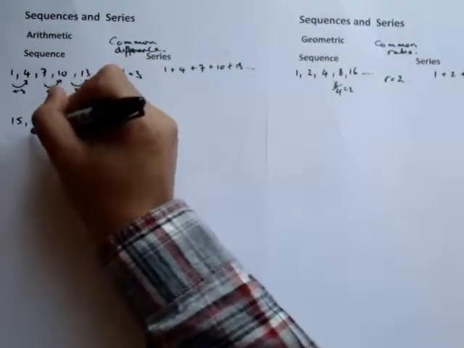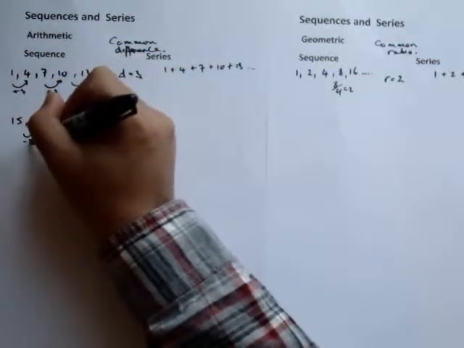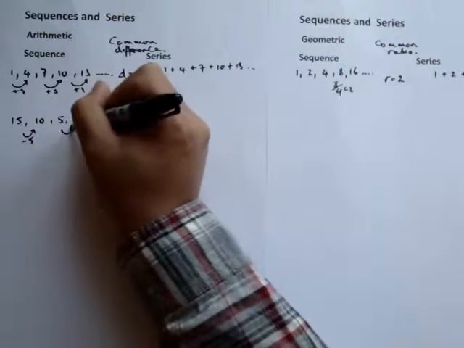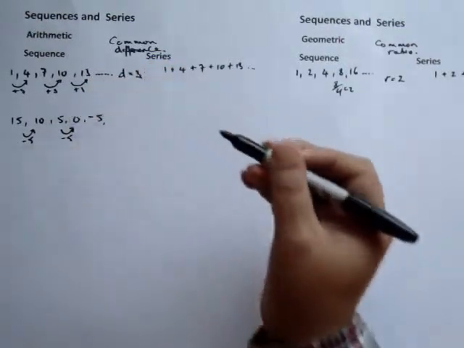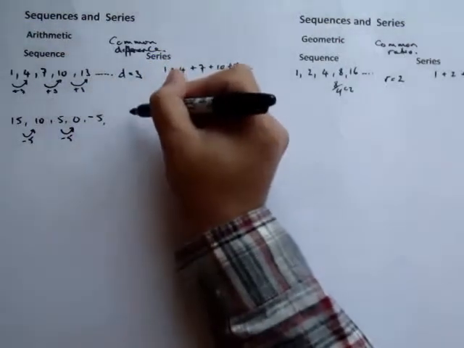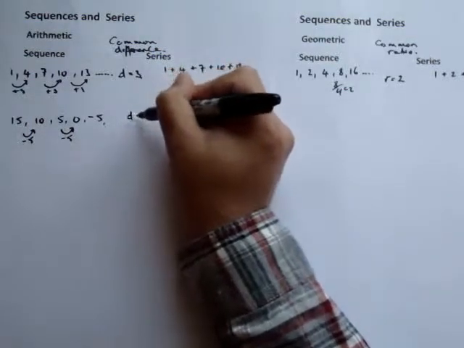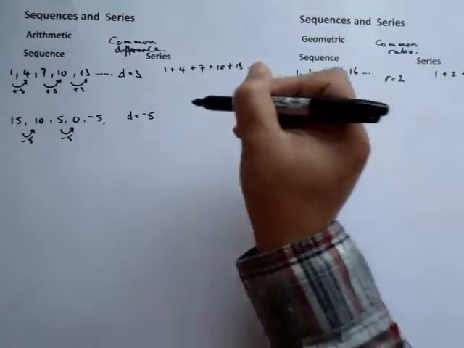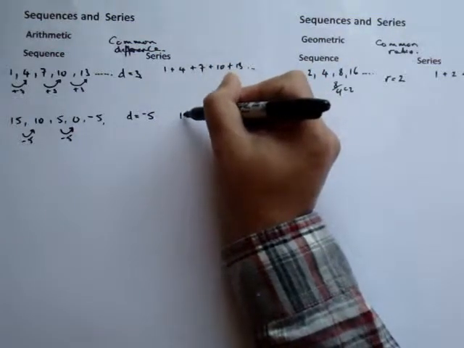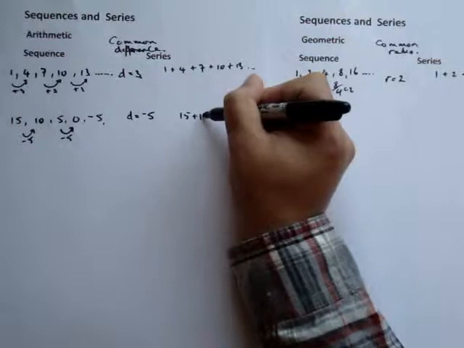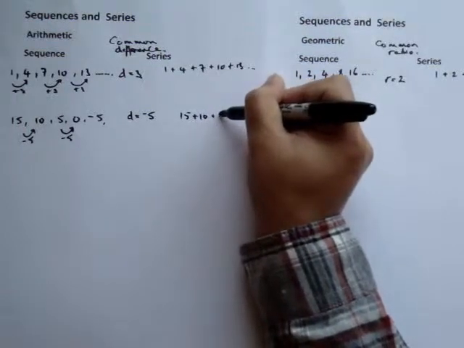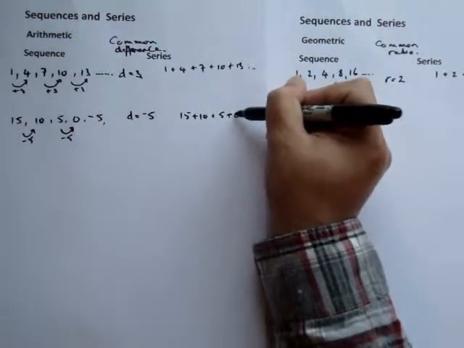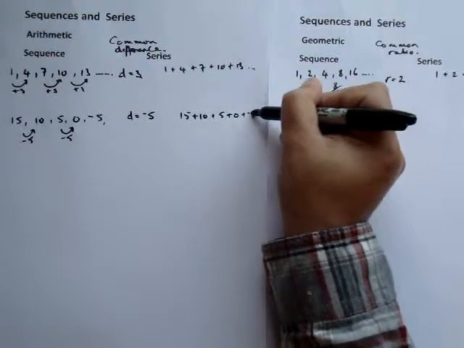So there's a difference of minus 5 between each term. So the common difference D equals minus 5. And our series in this case is 15 plus 10 plus 5 plus 0 plus minus 5 and so on.